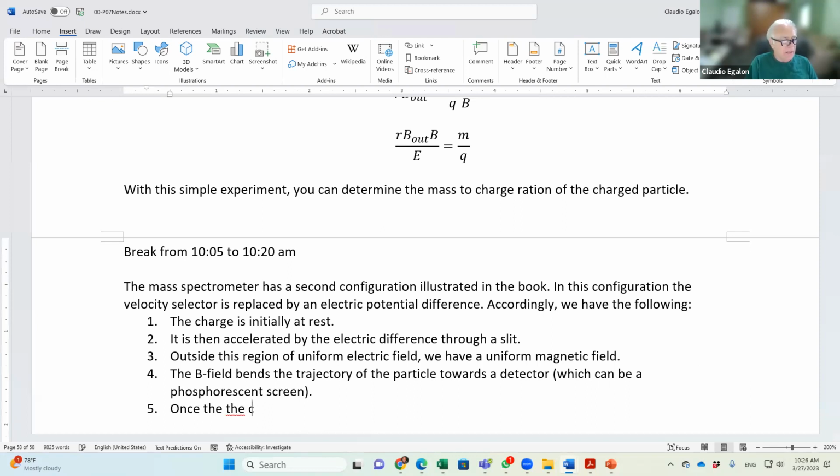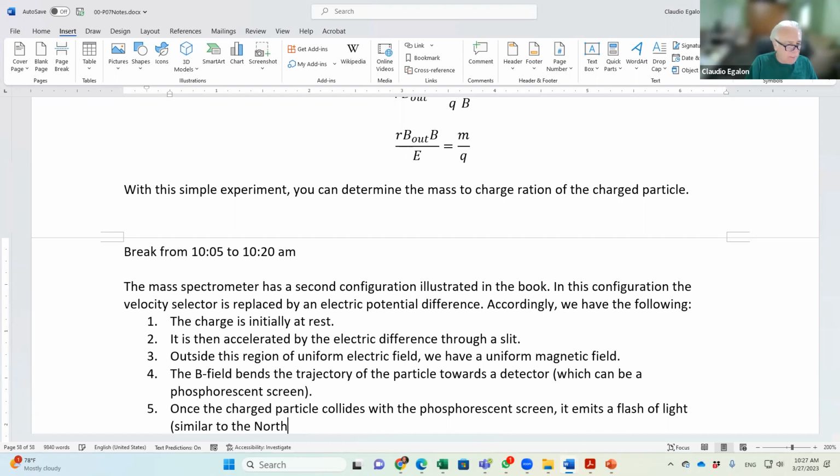Once the charged particle collides with the phosphorescent screen, it emits a flash of light. Again, similar to the northern lights, right?